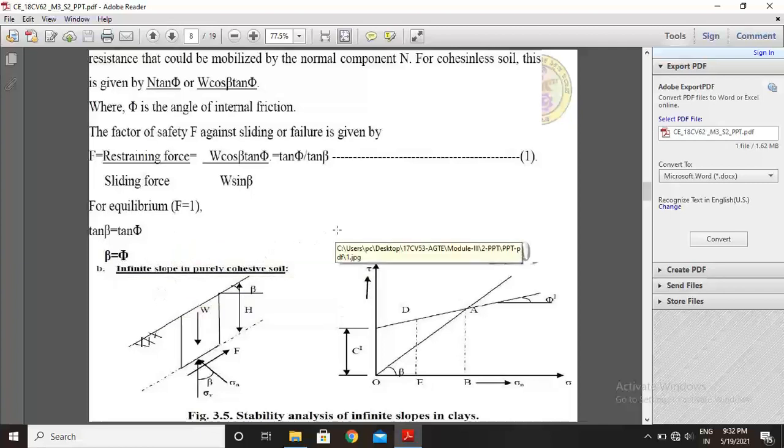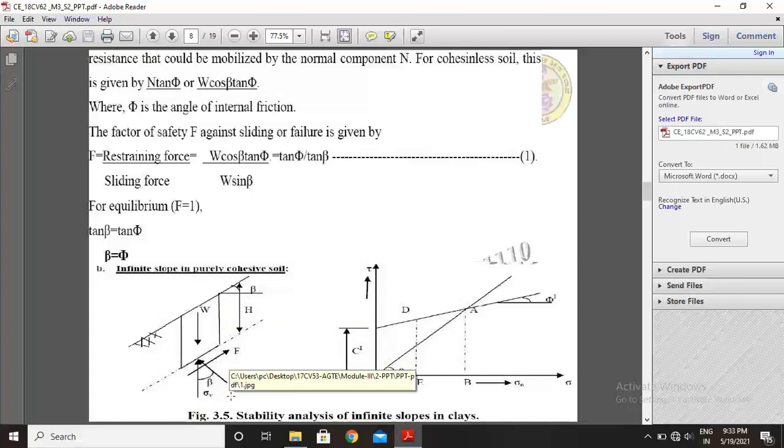Let us see infinite slope in purely cohesive soils. See, this is the embankment. So this is the bottom surface of the embankment. Select one elemental area, whose weight is acting downward, that is W, acting at an angle beta, and this is height h.